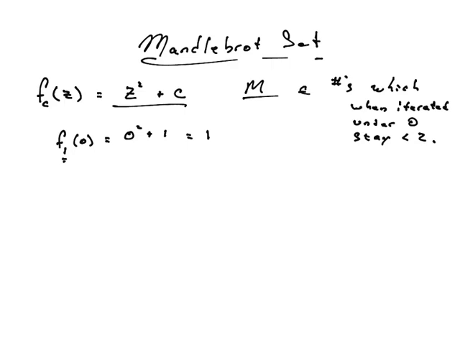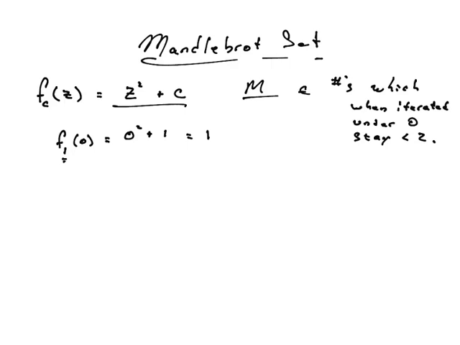Then we keep iterating. We take this answer from one output and plug it back into the function and just keep going over and over, cycling, until we see either that the output stays within -2 and 2 forever, or it tends to infinity. It gets above 2.